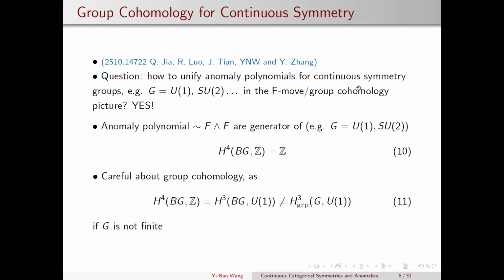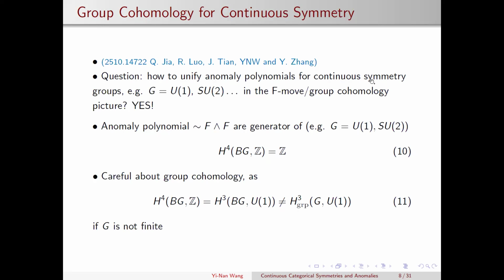Okay, and after clarifying this point, I'm going to present this recent work, where we have a question on the anomaly for continuous symmetry. But first, a question: do you make a distinction between continuous and smooth symmetries?